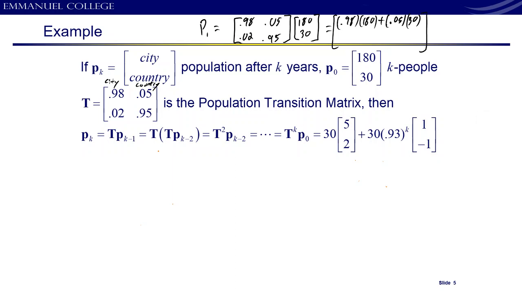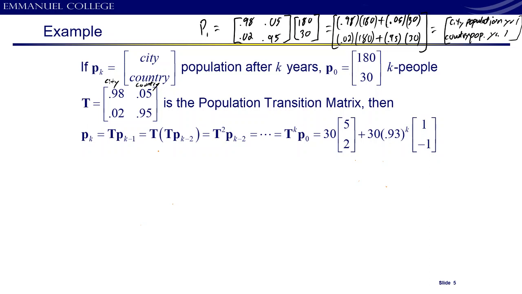And then similarly, there's 0.02 of the 180 that are leaving and going to the country, plus the 0.95 of that 30 that are staying. So then you would get the city population for year 1, and then the country population for year 1.